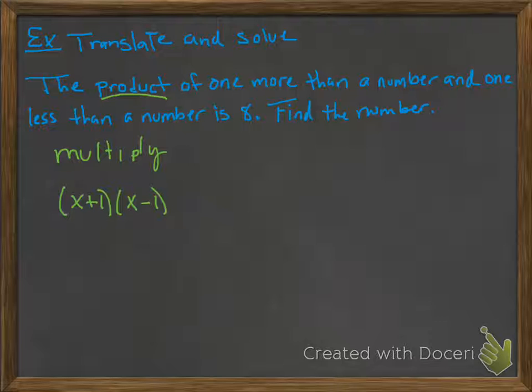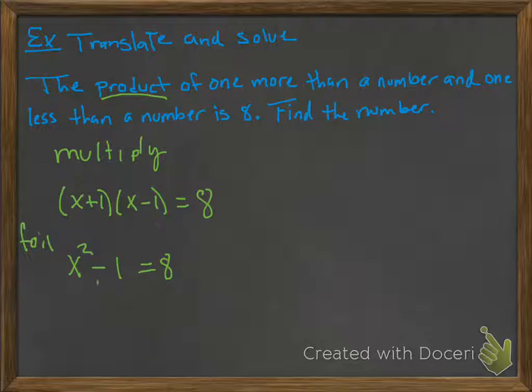And I know that means equals 8. So once I get to here, then I can solve my equation by FOILing. So now I'm going to FOIL, and I'll end up with x squared minus 1 is equal to 8.